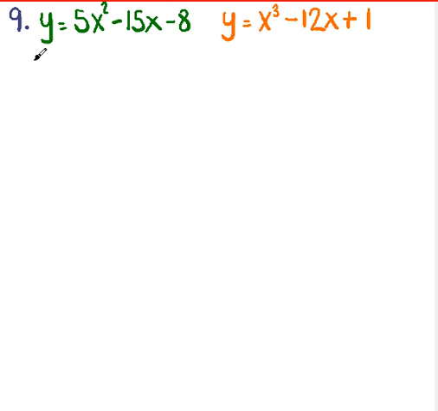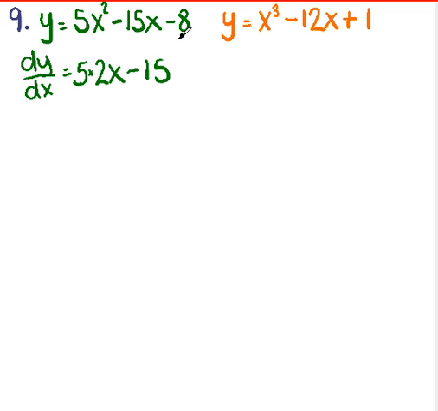So we have dy by dx, and that's equal to, well, we have our 5 multiplied by, and our 2 comes down, subtract 1 from the index, leaves us with 1 here, minus 15x, if we differentiate that, that leaves us with minus 15.